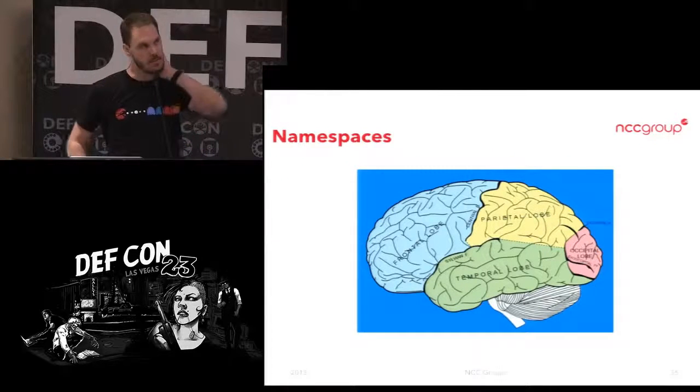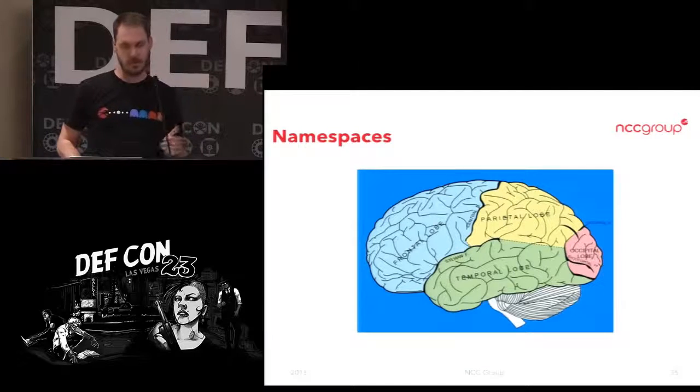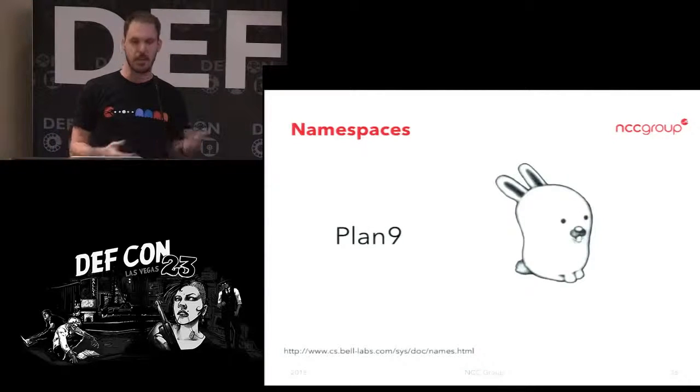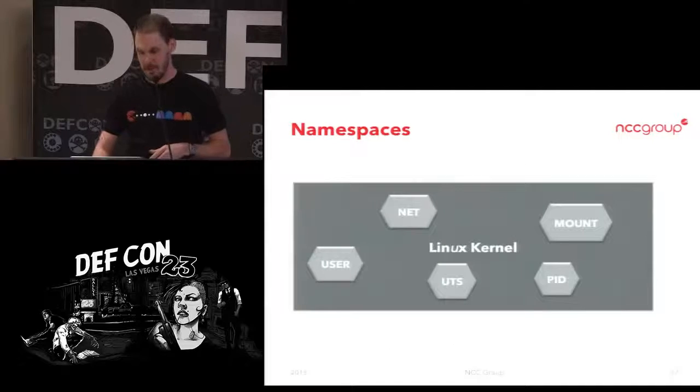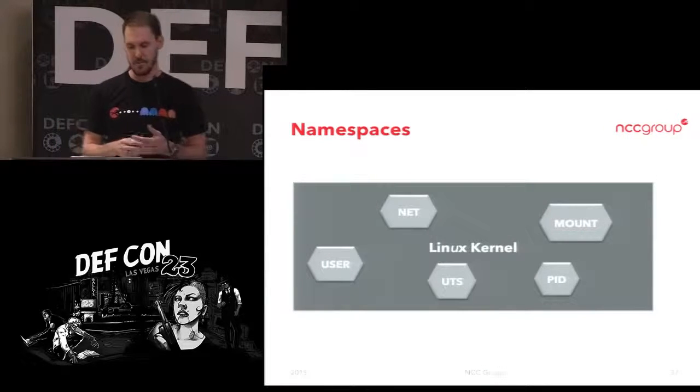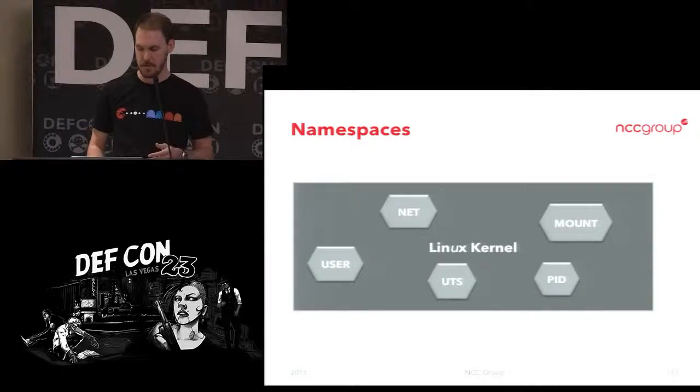So to get to how this actually works, the first major area is namespaces. Within the kernel, like a lot of other cool stuff on Unix, it really started in Plan 9, where they had the idea of namespaces in the first place. But the Linux kernel is split up into these 5 namespaces: network, mount, user, UTS, which is host name, and PID.